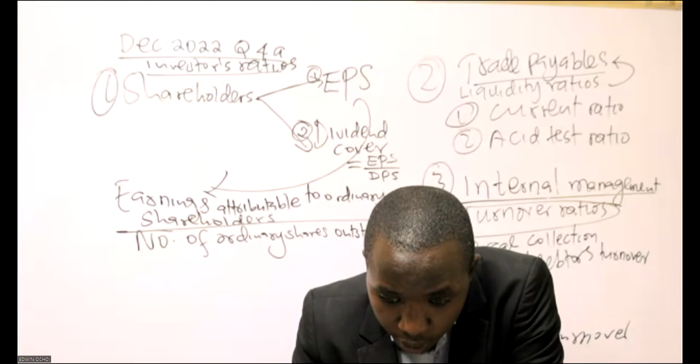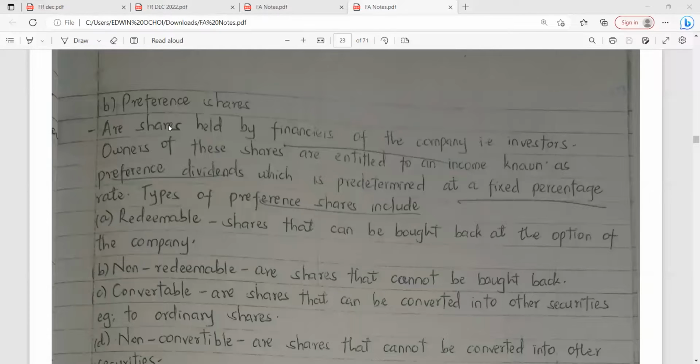So there's this student who asked me about preference shares. Preference shares are shares held by financiers of the company. That is, investor owners of these shares are entitled to an income known as preference dividends, which is predetermined as a fixed percentage rate. Types of preference shares: we have redeemable, the ones which can be bought back. Those are equities.